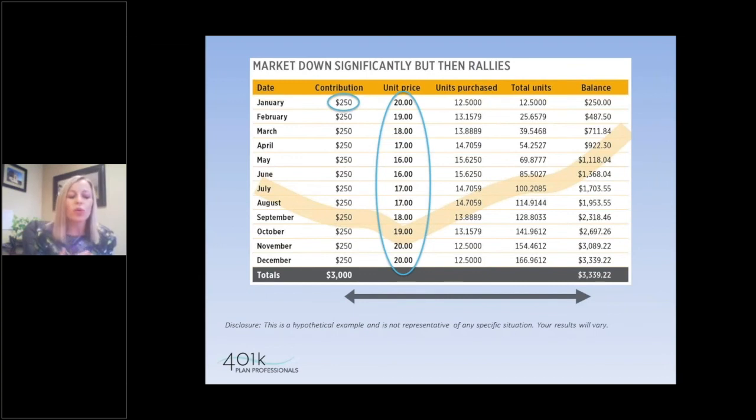So therefore, when the stock market price goes back up, you have accumulated more. You've returned an investment on your money.